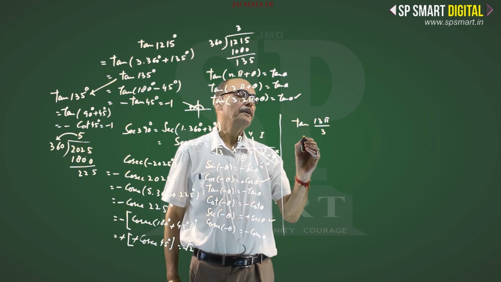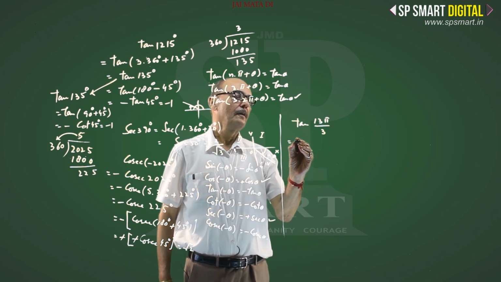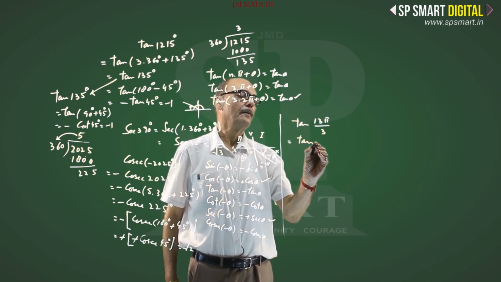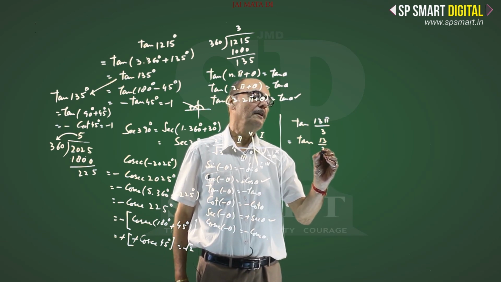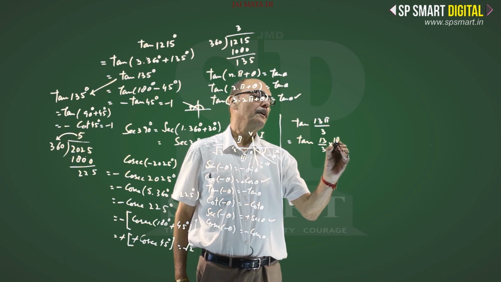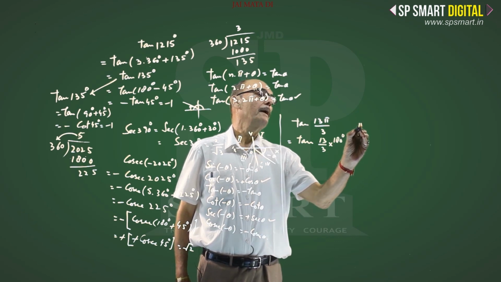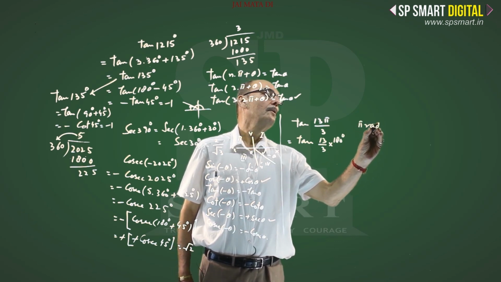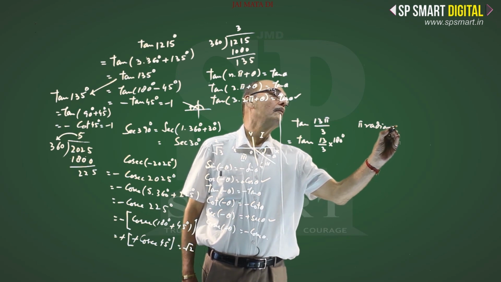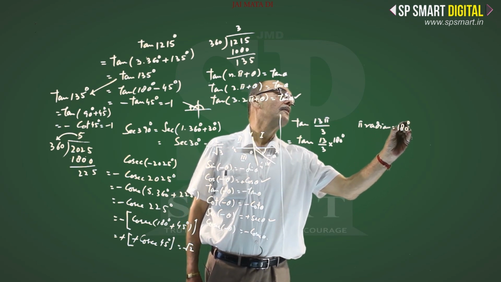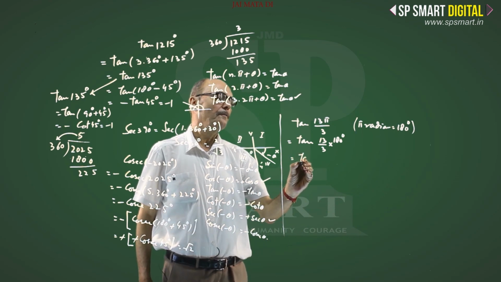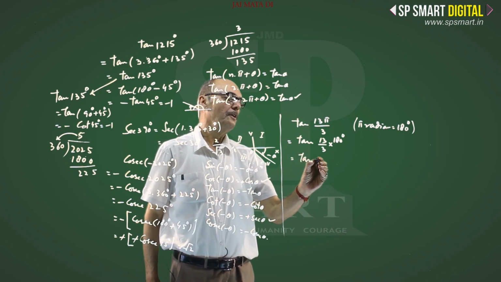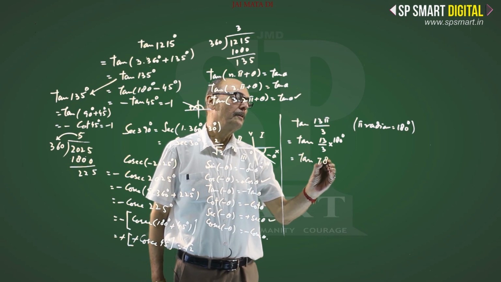So, this can be written as tan of 13 by 3 into 180 degrees. Pi radians is equal to 180 degrees. Change into degrees. So, this is equal to tan of 780.